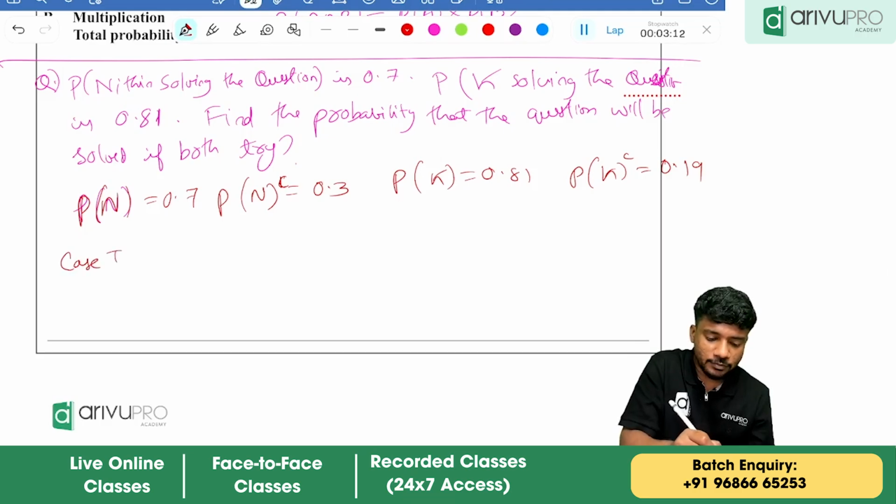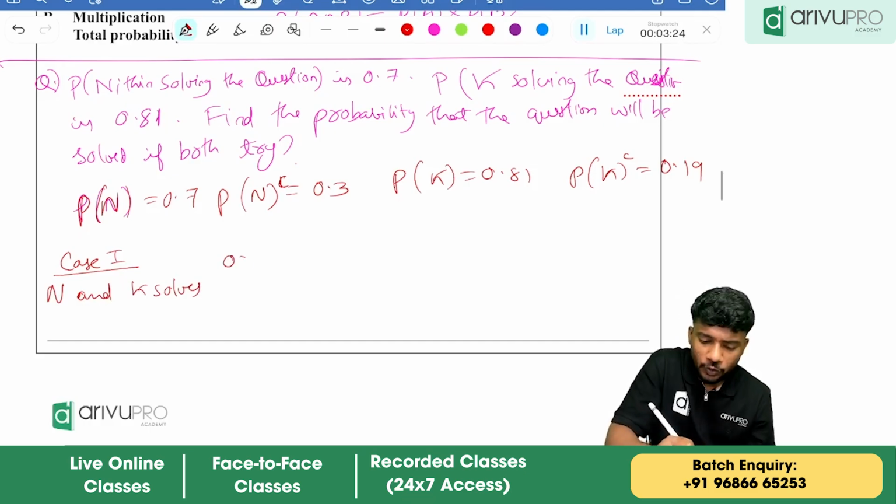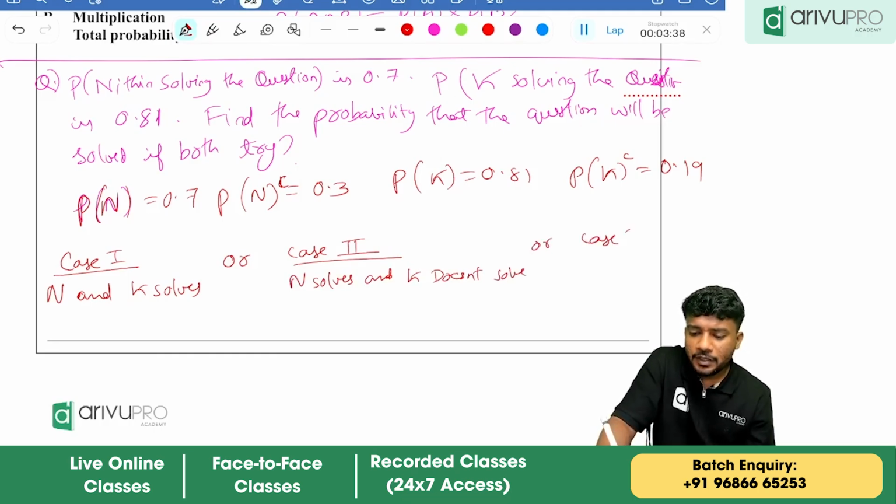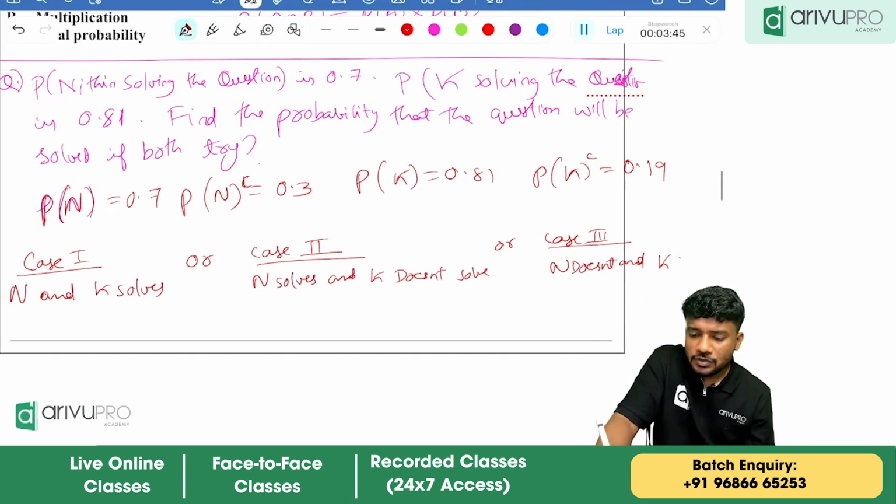Now the question is the probability that the question will be solved if both try. Case 1, both of us solve: N and K solve the question. Or case 2, N solves and K doesn't solve. Or case 3, N doesn't and K solves.